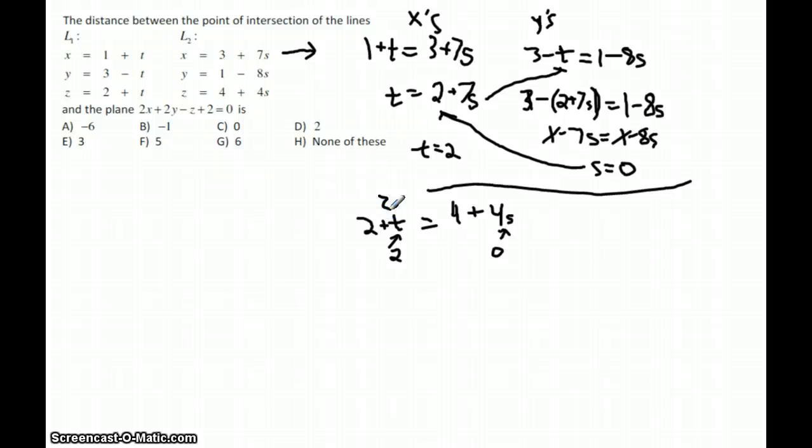Okay, good. So we can now backtrack and find that point. This is a true statement, so put a check.